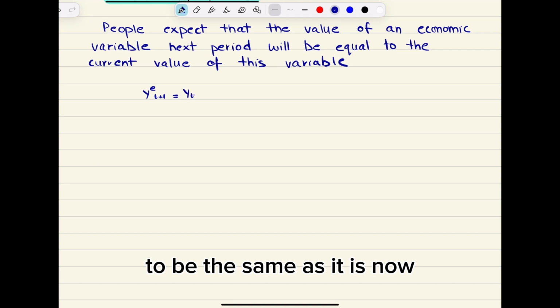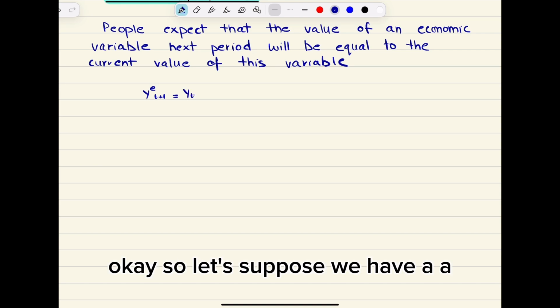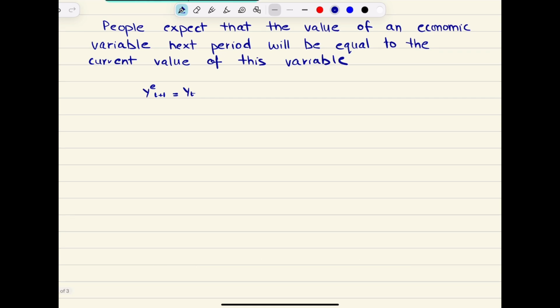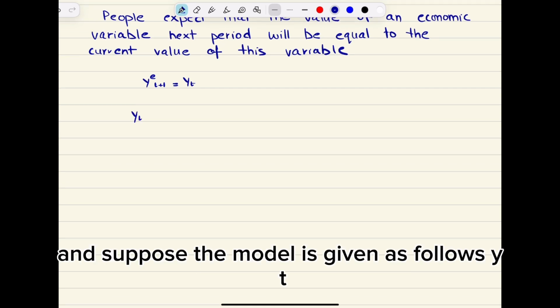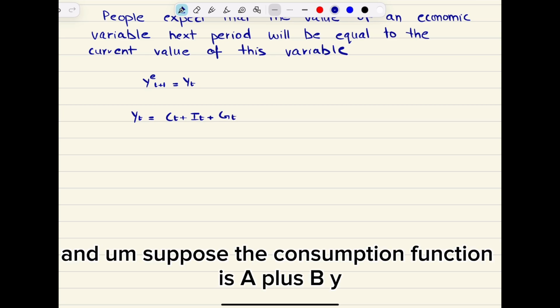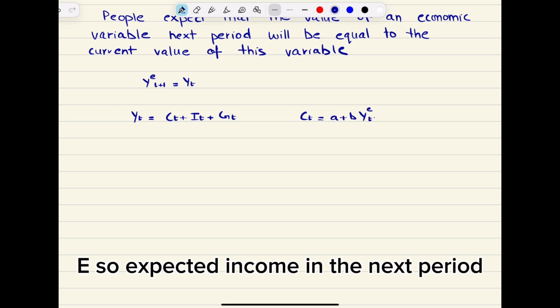Okay, so let's suppose we're examining the goods market with static expectations, and suppose the model is given as follows: yt is equal to ct plus it plus gt, and suppose the consumption function is a plus b y e, so expected income in the next period.